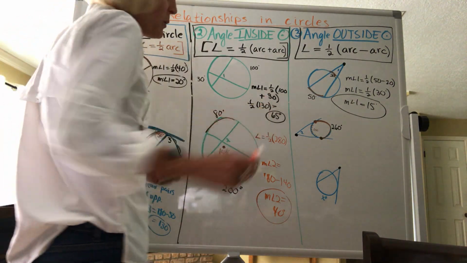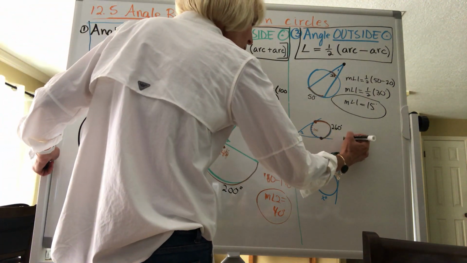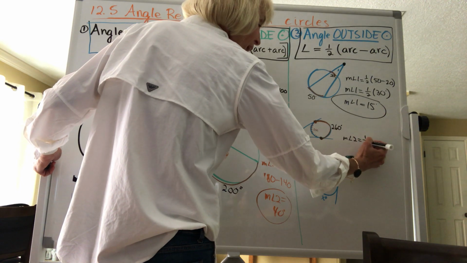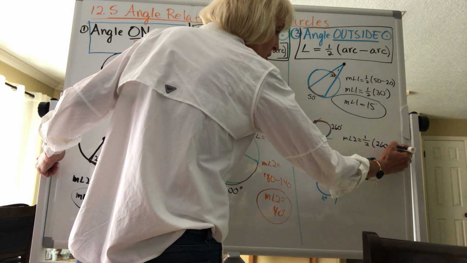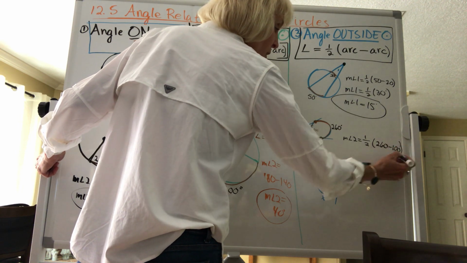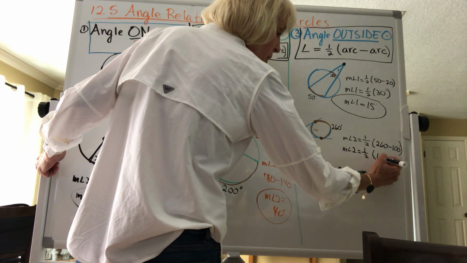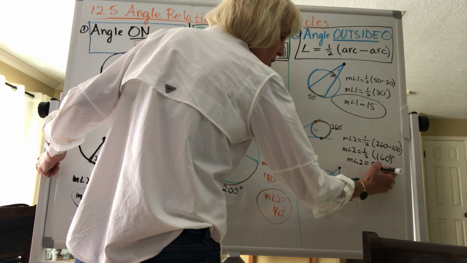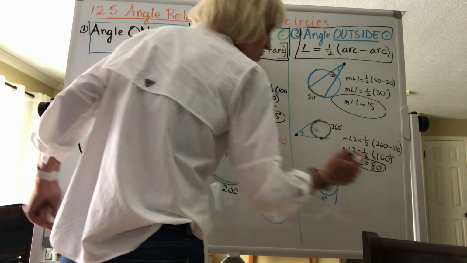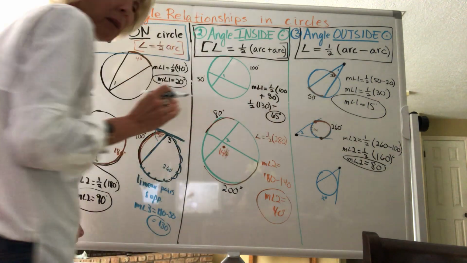Okay, so really I'm doing exactly the same thing. Vertex on the outside, so the measure of angle 2 is half big arc 260 minus small arc 100. So the measure of angle 2 is half of 160, or the measure of angle 2 is 80 degrees. So again, the big idea, angle equals half arc minus arc.